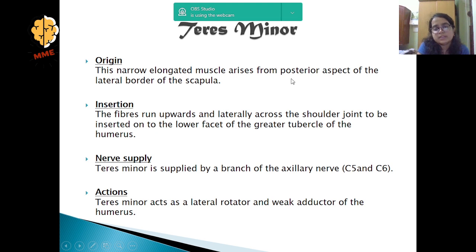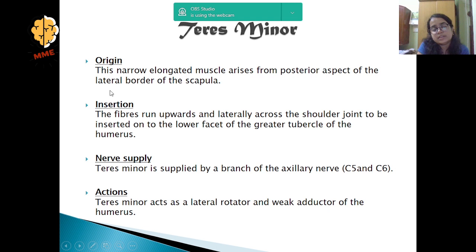Teres minor, it's a narrow elongated muscle, and it arises from the lateral border of the scapula from the dorsal aspect or the dorsal surface or the posterior aspect. Now, the origin of teres minor is interrupted by the circumflex scapular artery, if you go through the book.